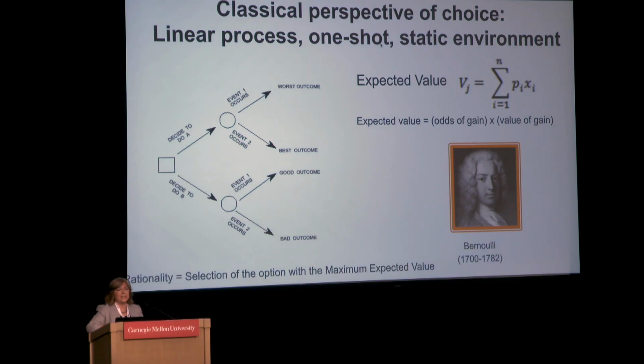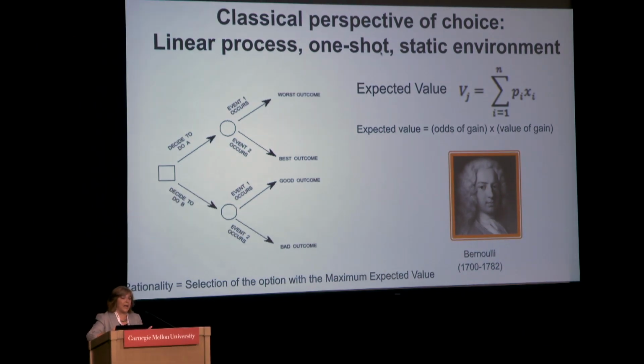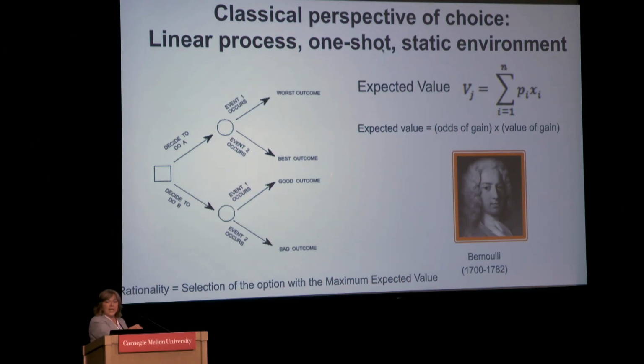And so in the classical perspective of choice, we have explicit alternatives provided to us, and there is an assumption that there might be some uncertain event with some probability and then associated outcomes with the various aspects of those probabilities. So the assumption is that we can calculate what is the best action to take by looking into the expected value. What are the probabilities of those events?